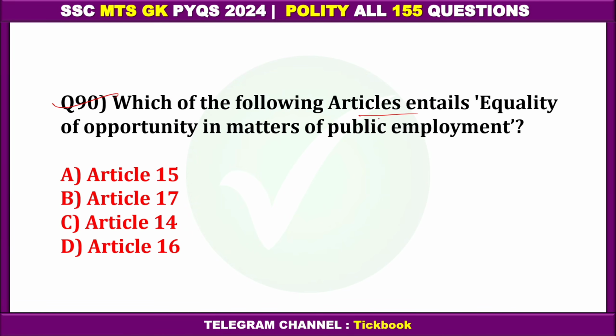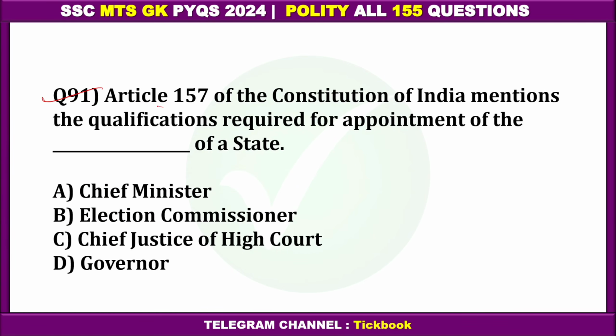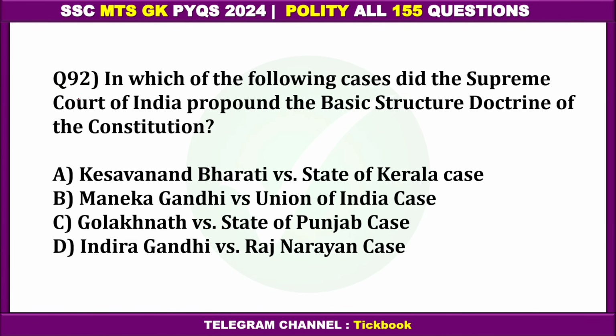90. Which of the following articles entails equality of opportunity in matters of public employment? Option number D, Article 16. 91. Article 157 of the Constitution of India mentions the qualification required for appointment of the dash of a state. Option number D, governor. 92.